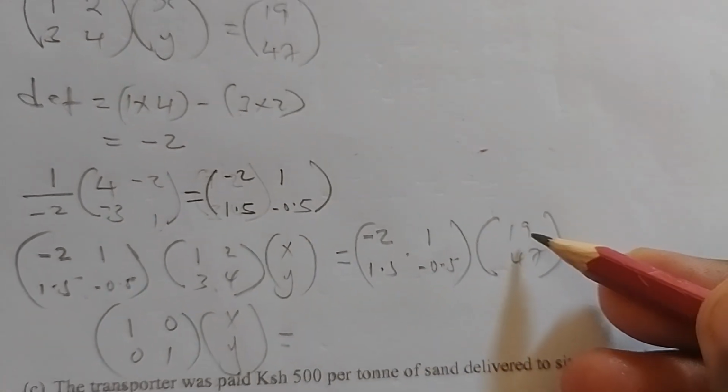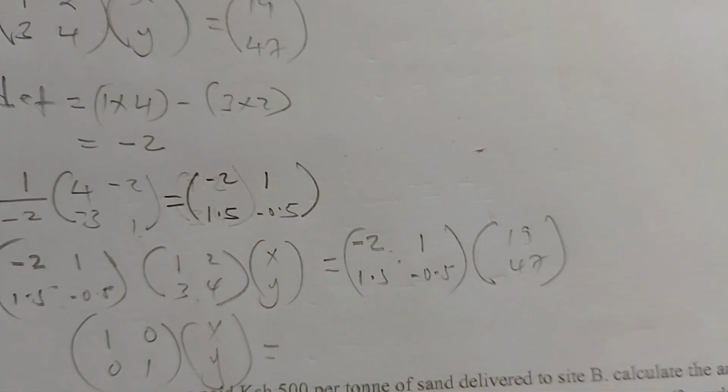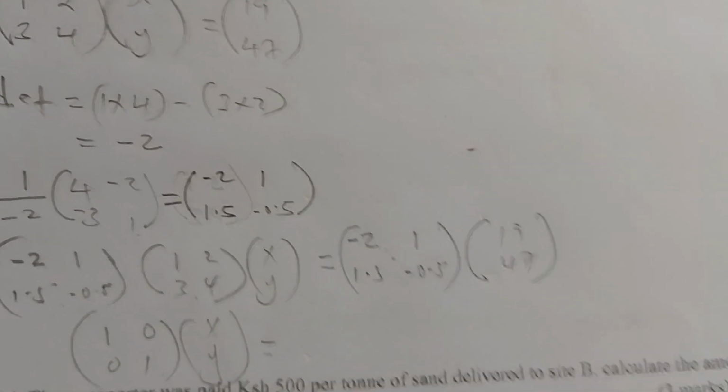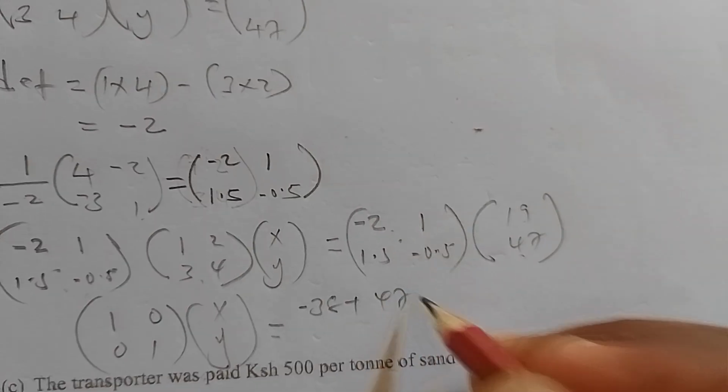So if we take 19 by minus 2, that gives us minus 38. Then plus 47.